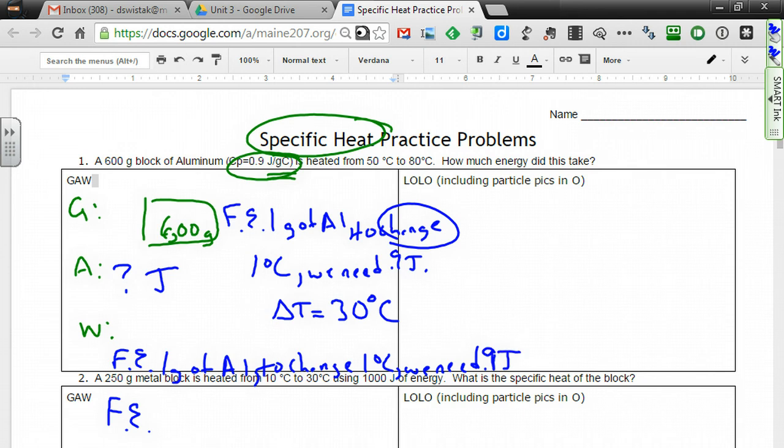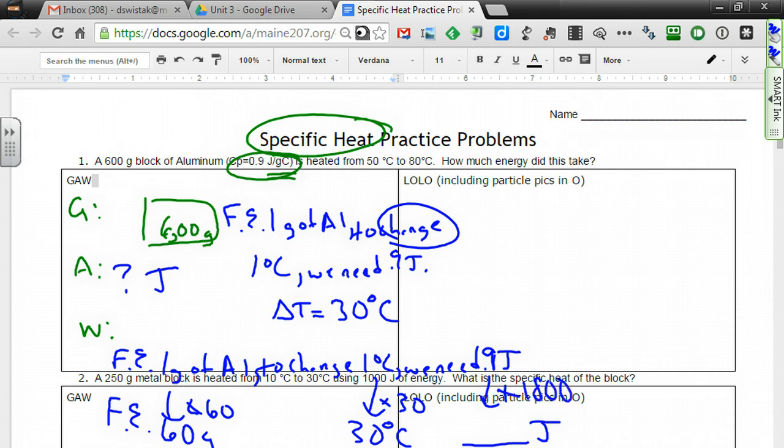I'm not changing at 1 gram, I'm changing 600 grams of aluminum to change 30 degrees Celsius, we need some amount of joules. So I'm going from 1 to 600, and then from 1 to 30. These are directly related, and we'll get back to this in just a second. So I've got 600 and 30, which means that is times 18,000.